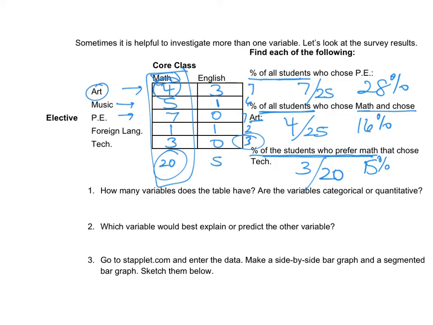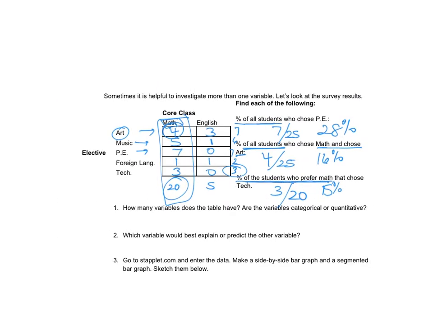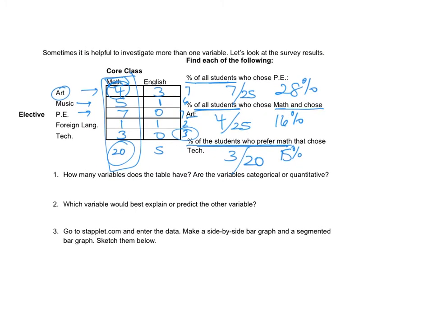All right, these are all called something different. The first one is called a marginal relative frequency. Okay? The next one, we take math and art, and so we join them together, and this is called a joint relative frequency because of the word and.